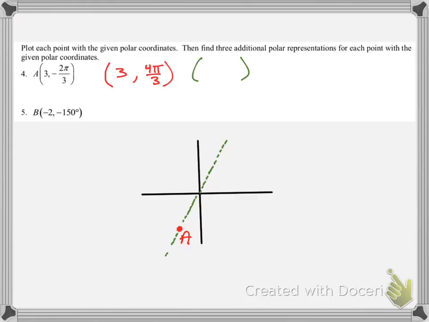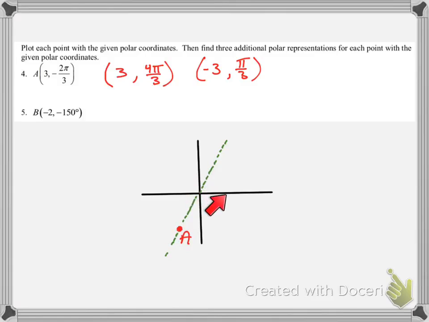All right, so we can use pi over 3, where the radius is -3. So that would be rotating this way, and then the negative radius goes the opposite direction.